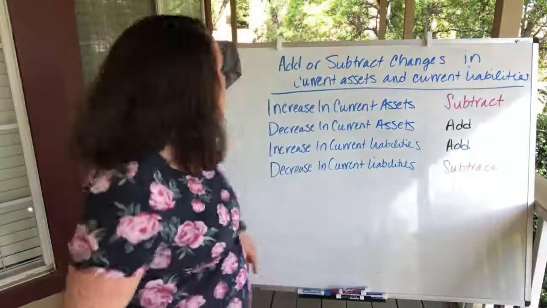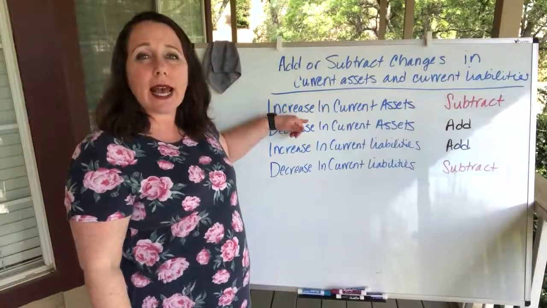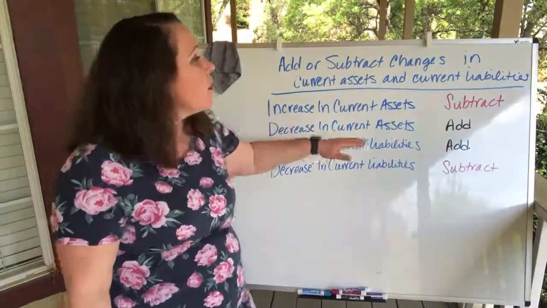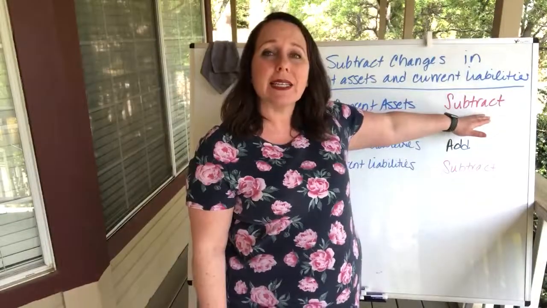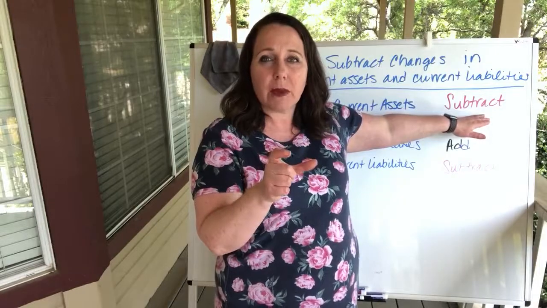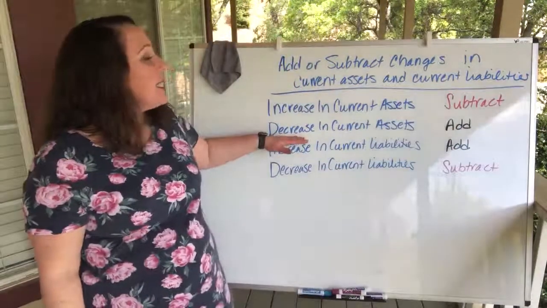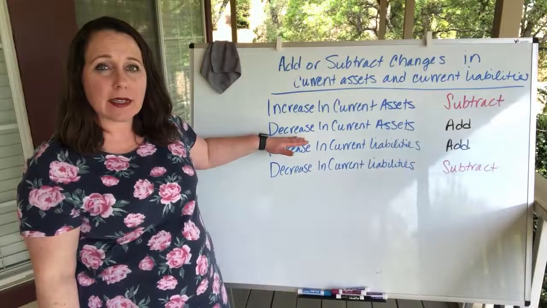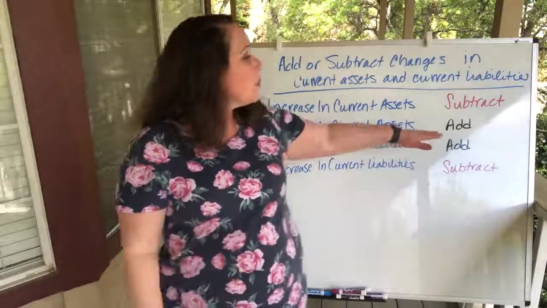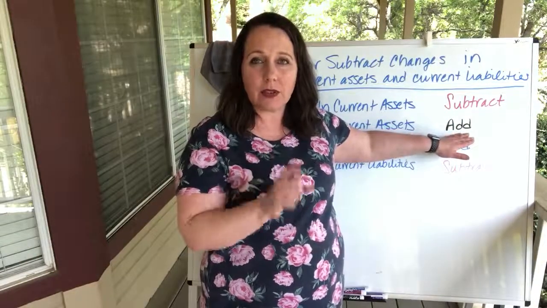All right, so if we have an increase in current assets, for example, say accounts receivable increases, then we are going to subtract the amount of the increase, the amount of the change from our statement of cash flows. If we have a decrease in current assets, accounts receivable decreases, then we are going to add the amount of the decrease to the statement of cash flows.